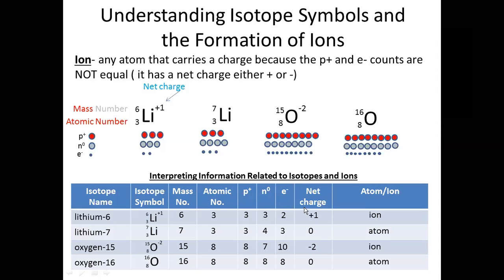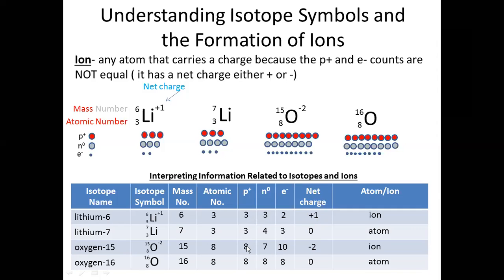How do we get net charge? Well, net charge, we compare the proton count to the electron count. If there's 2 electrons and 3 protons, that means the number of minus pieces is less than plus pieces, or there's 1 more plus piece than there are minus pieces. Net charge is going to be positive.